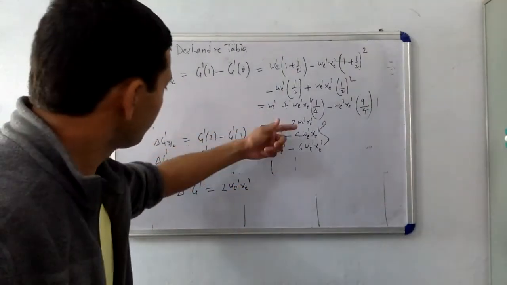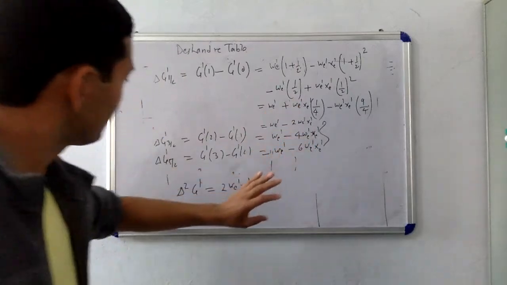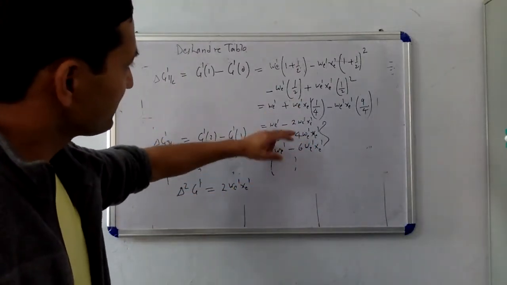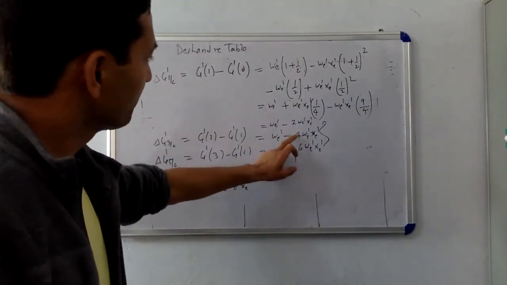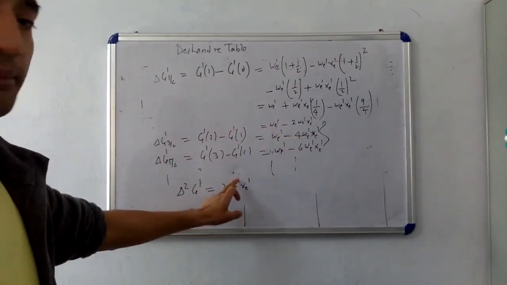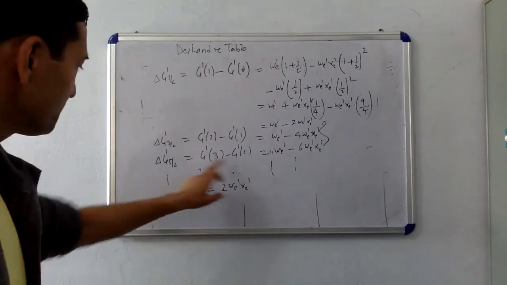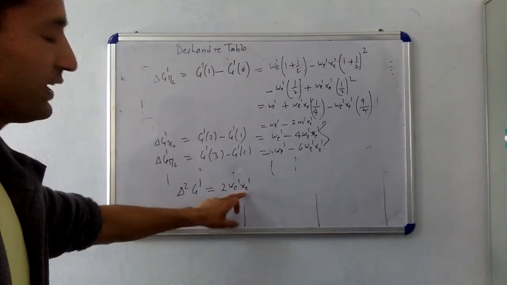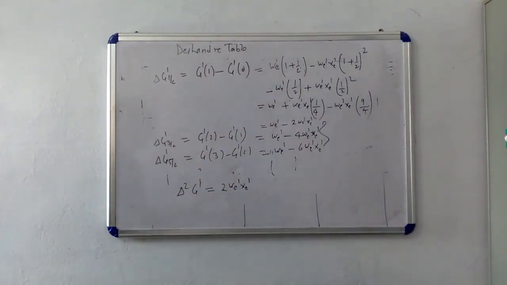Simply this minus this minus this, you have 2 omega e prime x e prime. So this provides you the anharmonicity constant for that upper energy level.